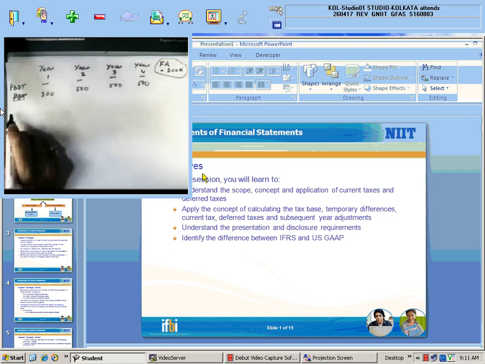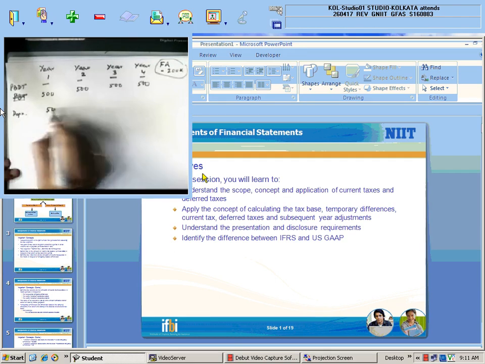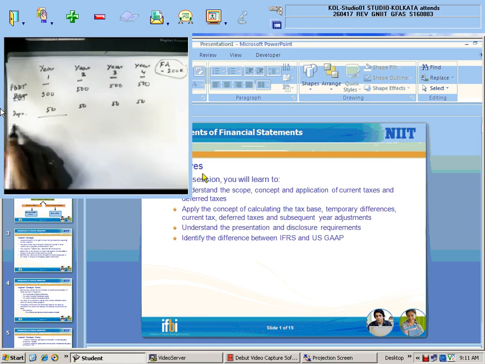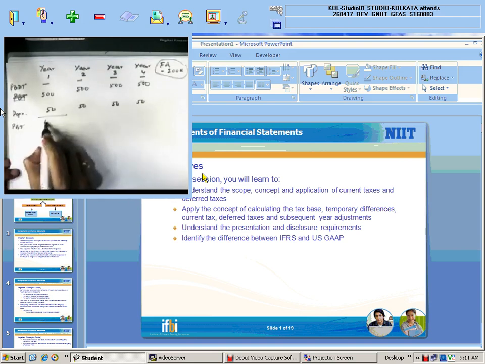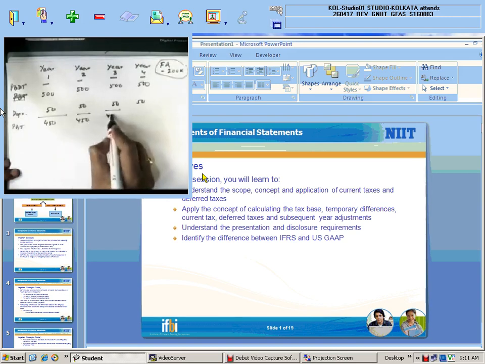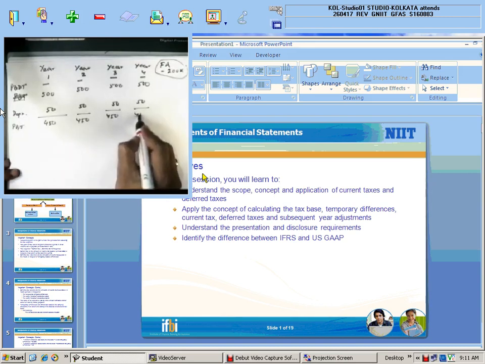So how much will be the depreciation? On straight line basis, 50,000 will be depreciated each year. So the profit before tax will be 450,000 for all these 4 years. This is as per the financial reports.